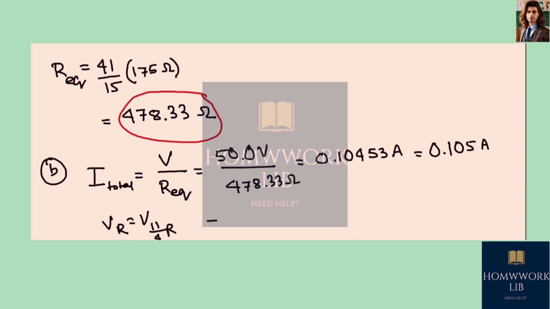So it's going to be V over R, which is equal to V over 11 by 4R. And if we use Ohm's law here, we'll get something like this. So V equals I times R, that's what we're using.